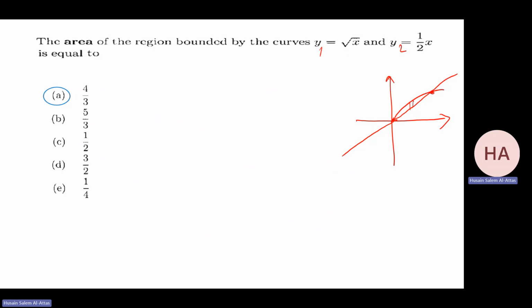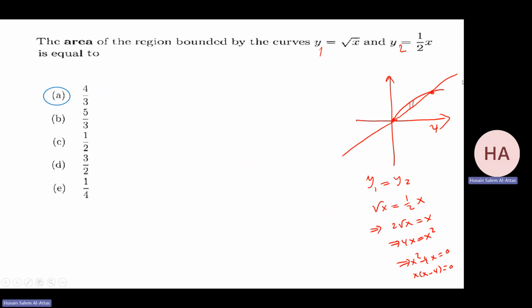How to get that? I equate the two. y1 equals y2, so square root of x equals half x. 2 square root of x equals x. So 4x equals x squared. So x minus 4 equals 0. So this point will be 4.